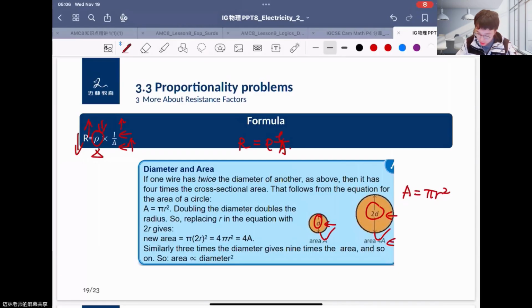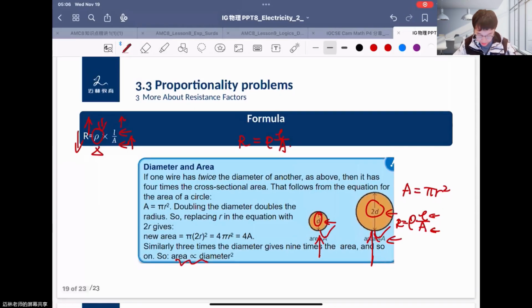So we can say here the area is 4A. So here we use the formula R equals rho L over area, right? And here L is the same, but the area is 4 times. So this material has 1/4 of the other material's resistance, right? So here we can say the area is directly proportional to the diameter squared, okay?